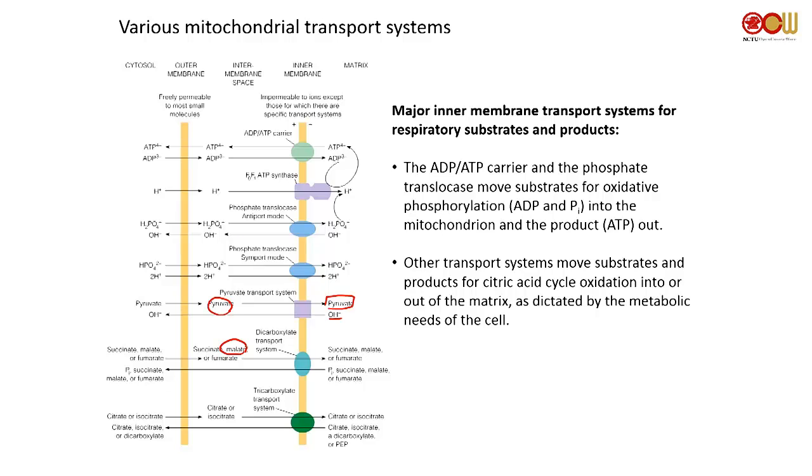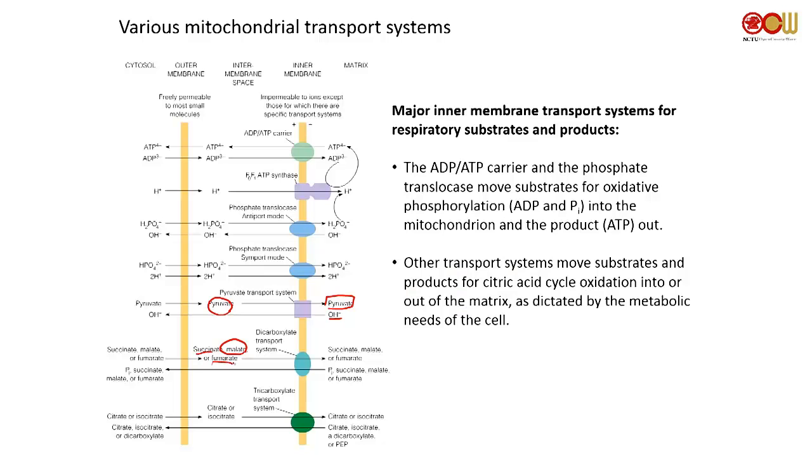Malate can go into the mitochondria, and this is used for bringing in NADH from the cytosol to the mitochondria, which we talked about last time. So malate, succinate, fumarate can go in. They use this dicarboxylate transport system because all three are dicarboxylates.